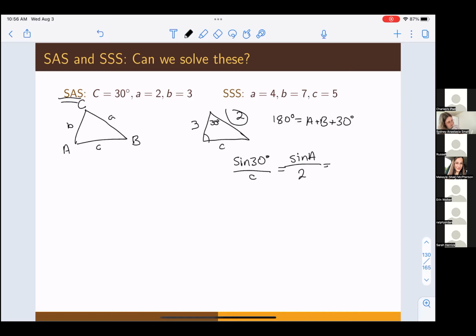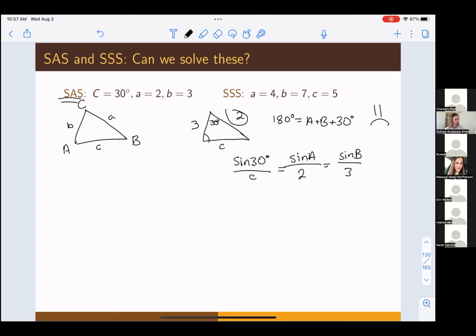And then I know the side length B here, it's 3, but I don't know angle B. Again, I have too many unknowns here. There is no way to set up the law of sines so that I can solve this triangle. So actually, we cannot solve side angle side triangles with the law of sines.